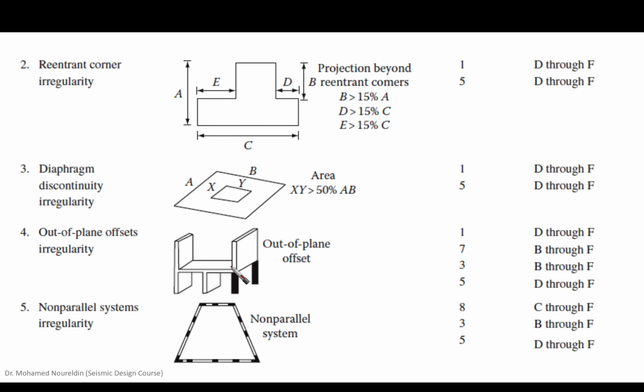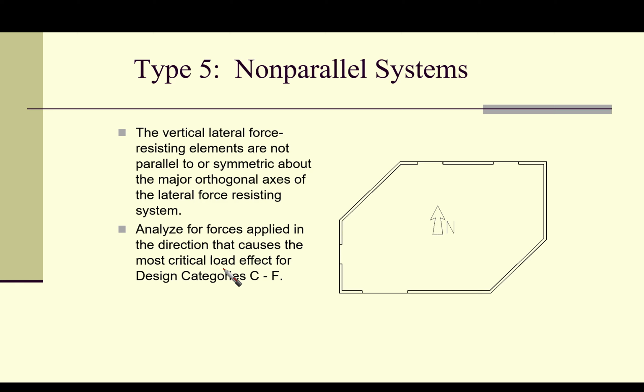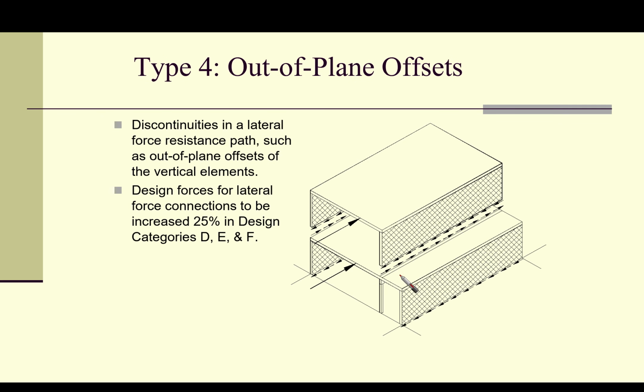Yes, because if we have discontinuities, maybe the other one is better here. Yes, this part, if this is the slab, for example, this slab is going to transfer the shear coming from this part to this part of the lateral resisting system, right? This means that this beam, this slab here, needs to be designed for extra loading.